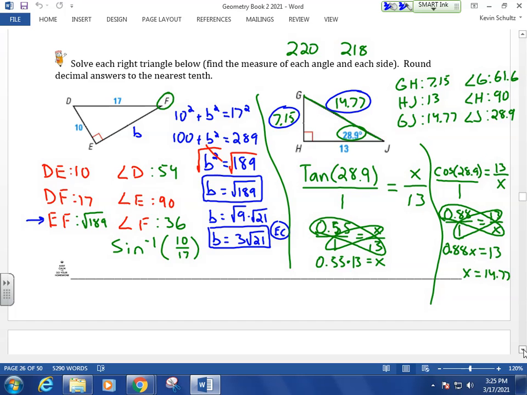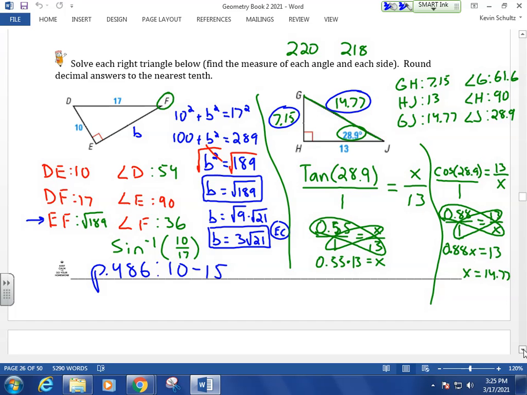Page 486, 10 through 15. It's a nice variety of, sometimes you are given one side and one angle, other times you are given two sides, but you're looking for all 6 parts of these right triangles, all 3 sides, all 3 angles, okay?